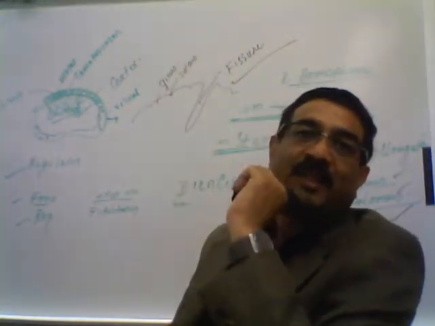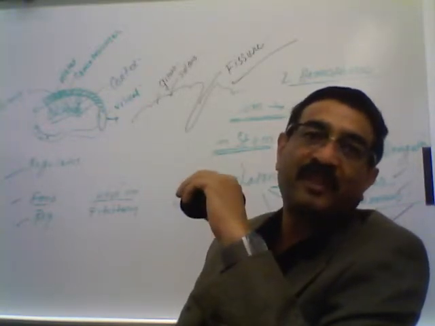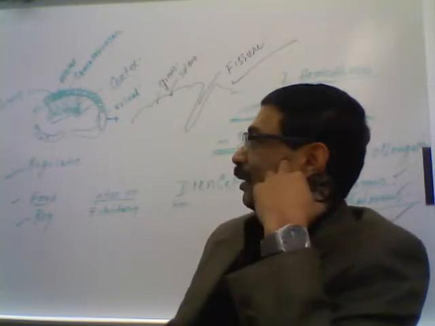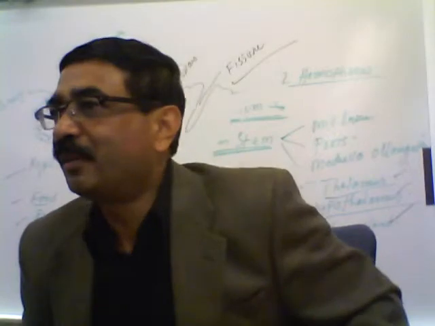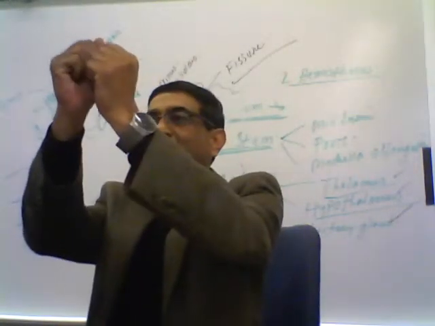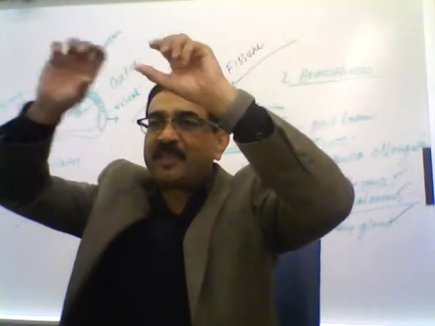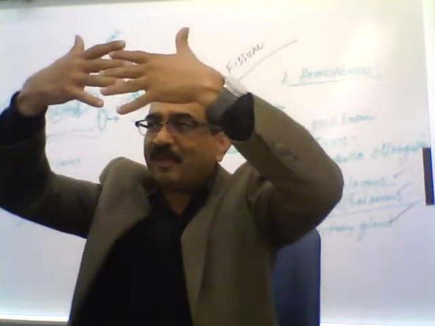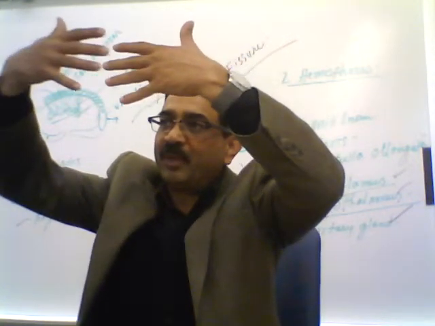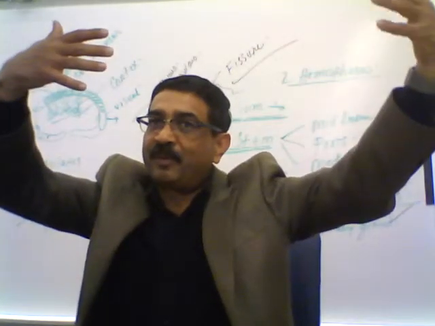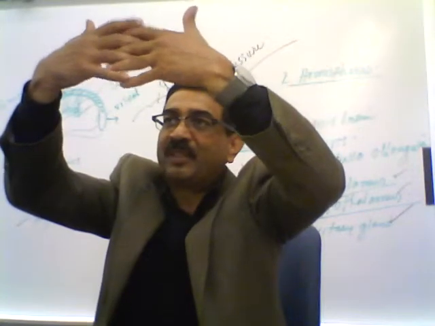This structure connects two hemispheres together, holds two hemispheres together. Why is the corpus callosum important? Because corpus callosum is filled with fibers, and the fibers are going like this. From this hemisphere, the fibers are going to that hemisphere, and from that hemisphere, fibers are going to the other hemisphere. So this is the corpus callosum.